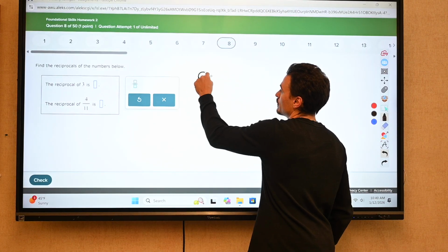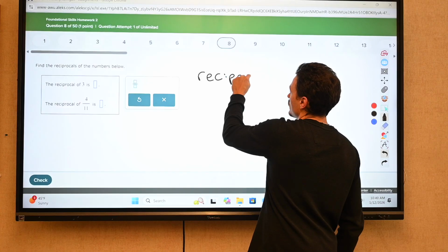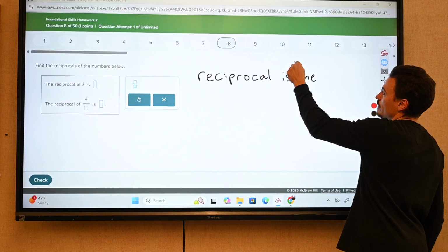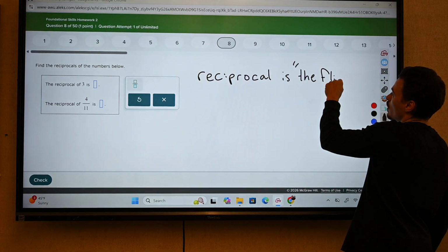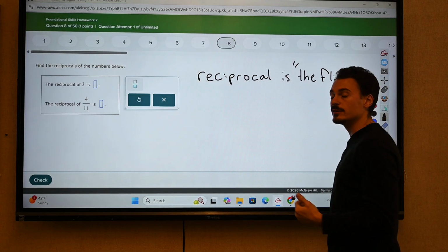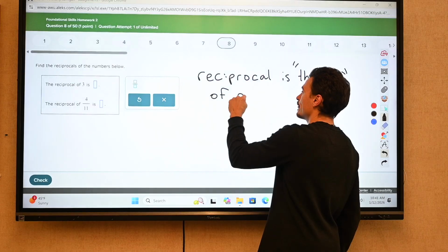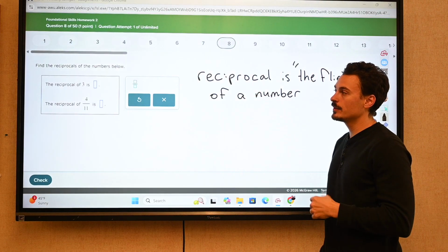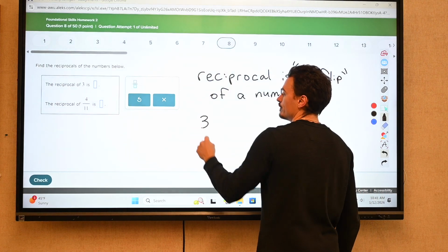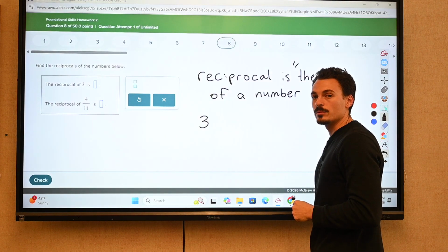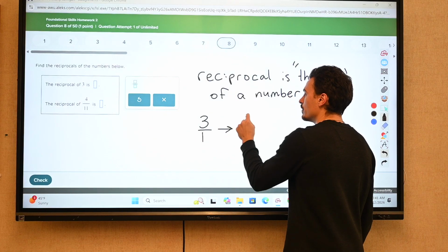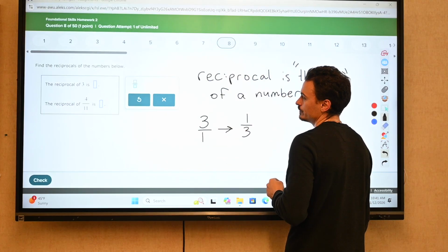The reciprocal is the "flip." I'm going to put quotes around the flip. Reciprocal is the flip of a number. All right? So if you're taking the number 3, number 3 can be written as a fraction 3 over 1, and then the flip of that number is 1 over 3.